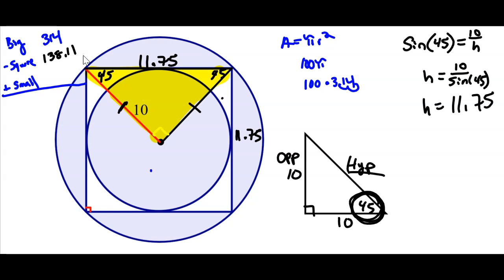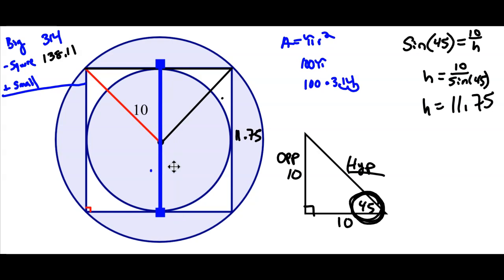Now, I need to know what is the radius of the smaller circle. Let me clean this up so we can look at it better. So we can't just assume that the red line right here is being cut in half. In fact, it's not. But what we can do is notice that the height of this, here, let's draw a line. The height of the square is also the diameter of the smaller circle.